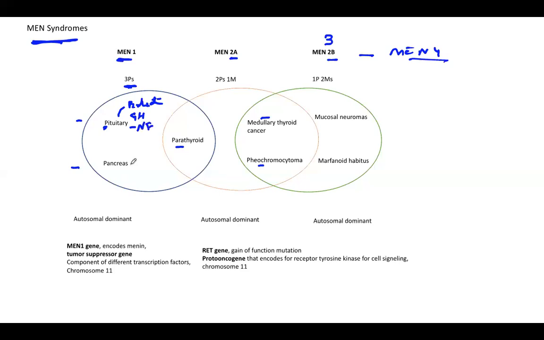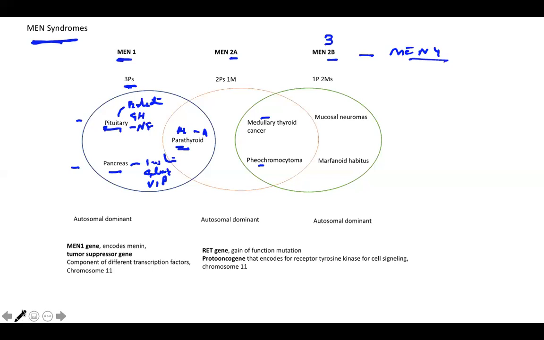And in the pancreas, we can have insulinoma, glucagonoma, VIPoma. So in the pancreas, there are quite a few. There can be functional and non-functioning, but overall, generally we see pituitary adenoma, pancreas adenoma, and parathyroid. And parathyroid is mostly hyperplasia. Sometimes it's adenoma in this condition.